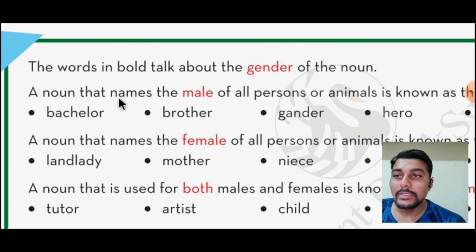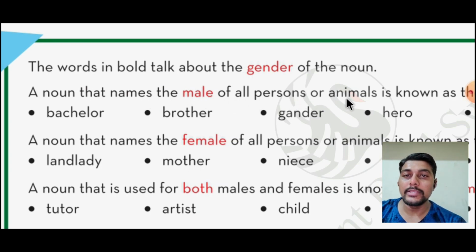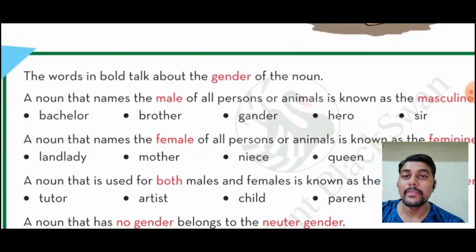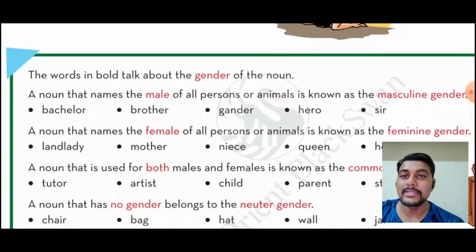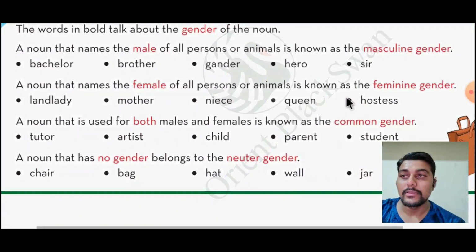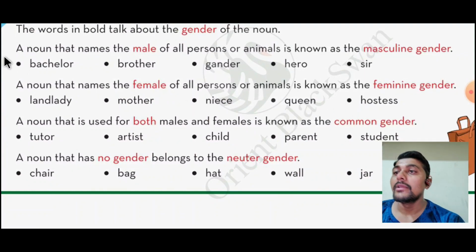A noun that names the male of all persons or animals is known as the masculine gender. Let me repeat it again. A noun that names the male of all persons or animals is known as the masculine gender.